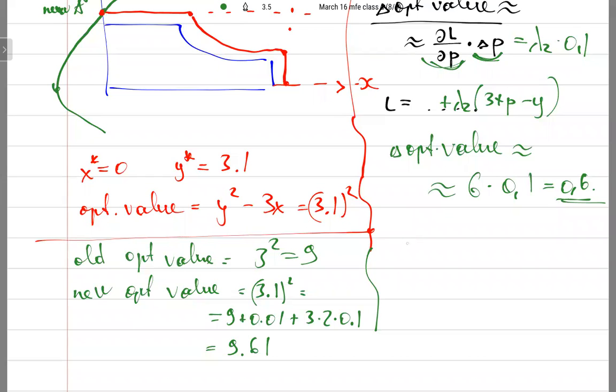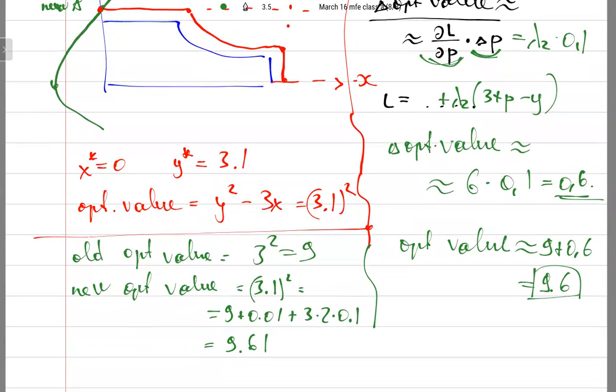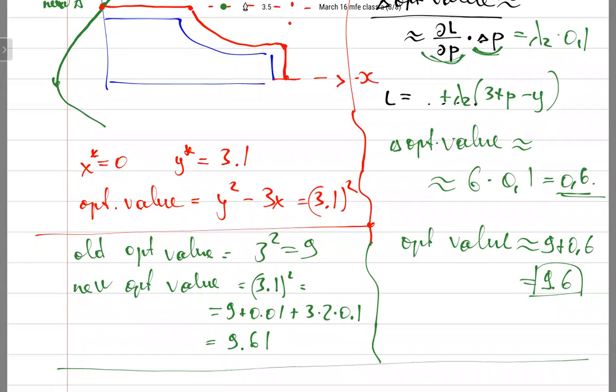And the approximate optimal value according to the approximate way is the old one, 9, plus 0.6. So if we use the approximate way, which is based on the envelope theorem, we just calculate dL with respect to d parameter and multiply by delta of parameter, then delta of the optimal value is equal to 0.6, and the true delta is equal to 0.61.